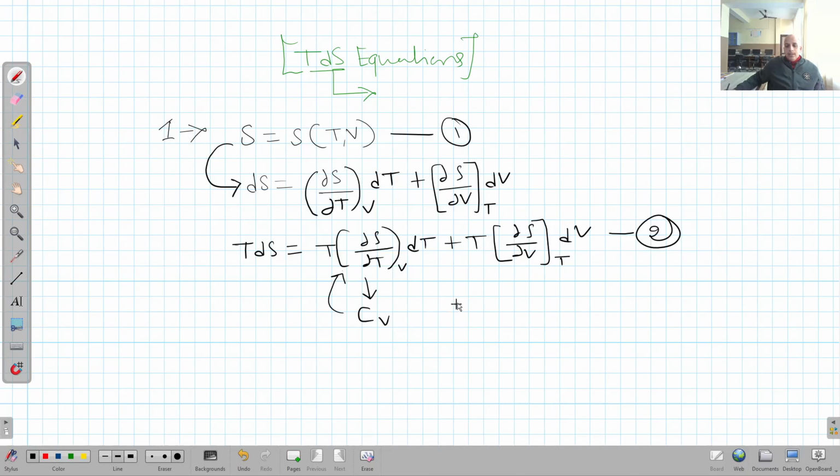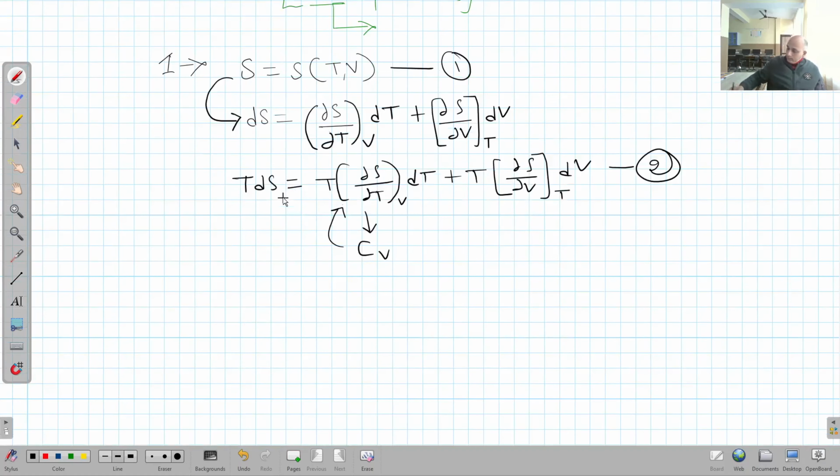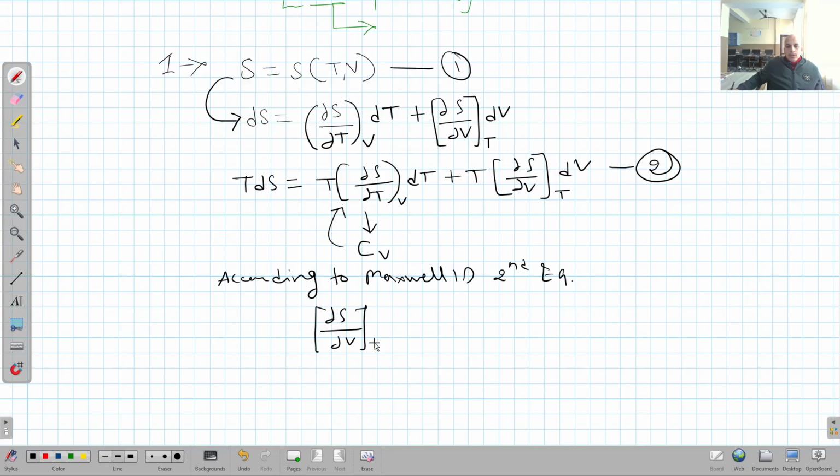Clear? The other thing is, according to Maxwell's second equation, we know (∂S/∂V) at constant T is equal to (∂P/∂T) at constant V. Clear?